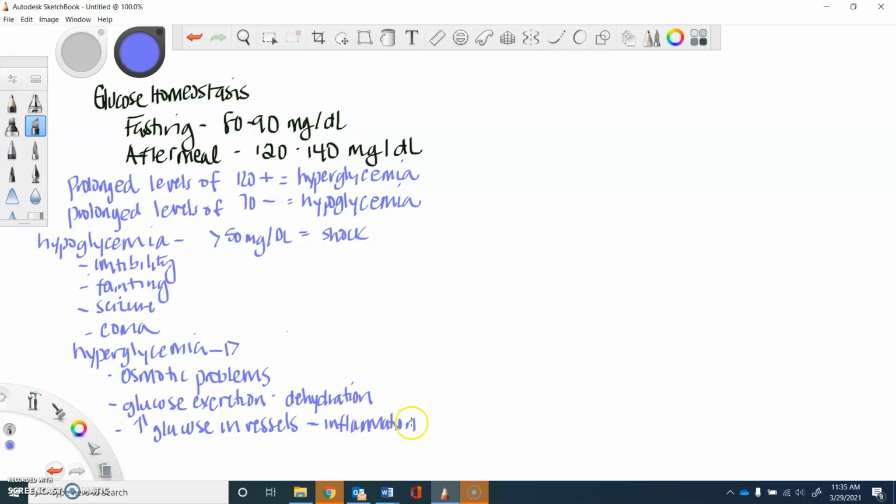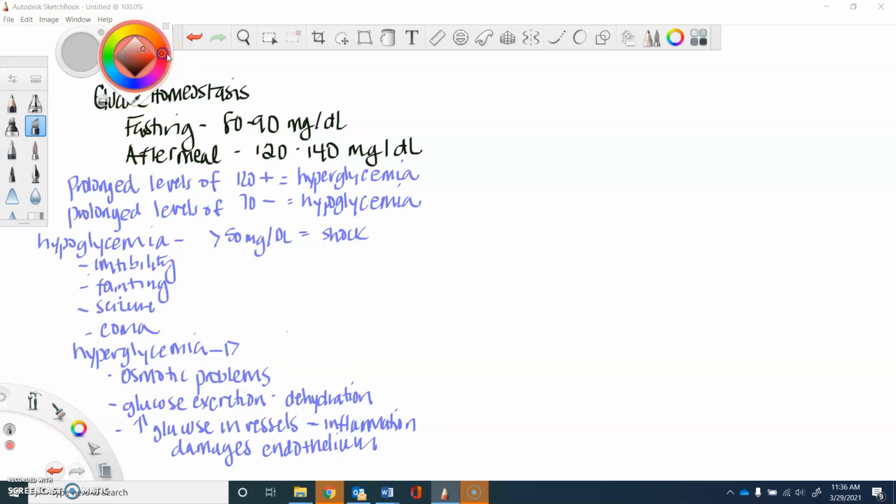And that means inflammatory chemicals freaking out in there, and those chemicals are damaging to endothelium. And that damage, as it's trying to heal, can cause plaques, and that, of course, is cardiovascular disease. So glucose is very important.